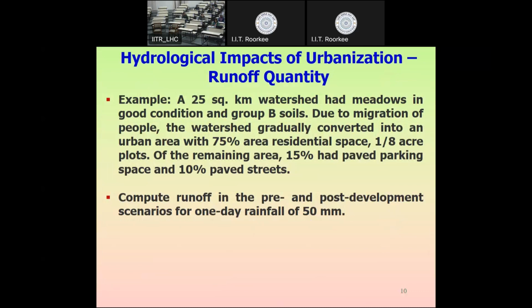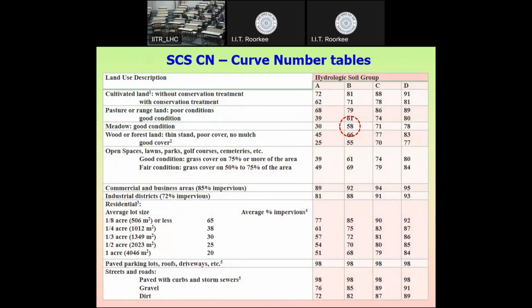We are given the land use. So it is meadow, good condition, group B soil. Let us go back to our table, and for meadow, good condition, group B soil, it is 58. Okay.